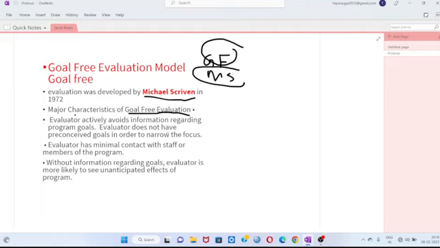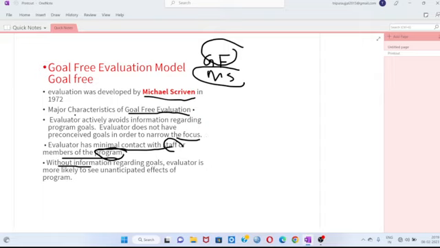That's why the evaluator does not have a preconceived goal in order to narrow the focus. So they don't have any objective, any aims, any goal to focus on. The evaluator has minimal contact with the staff and members of the program. They only have contact with the group of people of that particular program. So there is no other information.